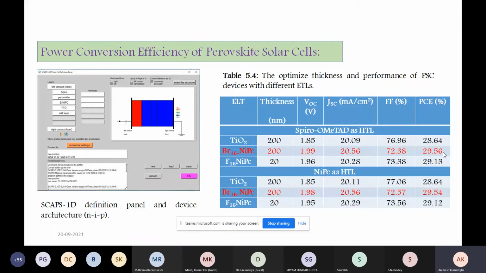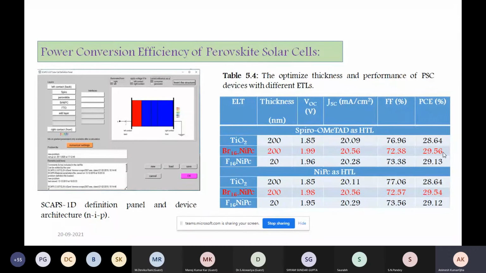So to that extent, this designed molecule is relatively better compared to the TiO2 that has been used as an electron transport layer in making perovskite solar cells. These are the ways one can improve the stability as well as the efficiency of perovskite solar cells.